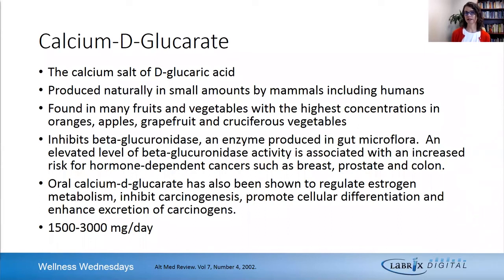An elevated level of beta-glucuronidase activity is associated with an increased risk for hormone-dependent cancers: breast, prostate, and colon. Oral calcium D-glucarate has been shown to regulate estrogen metabolism, inhibit carcinogenesis, and promote cellular differentiation.